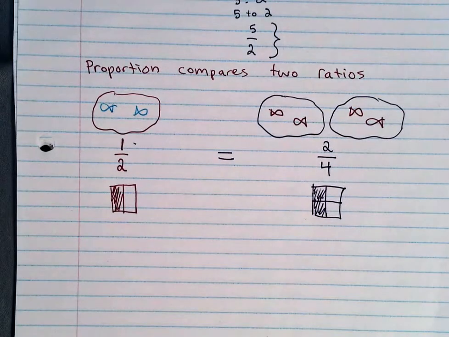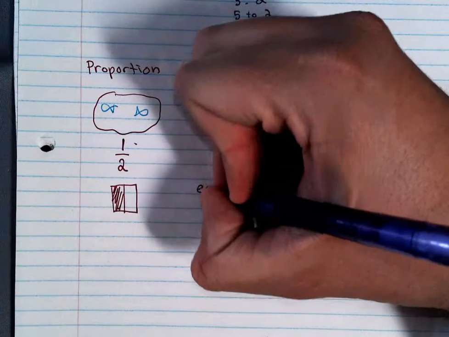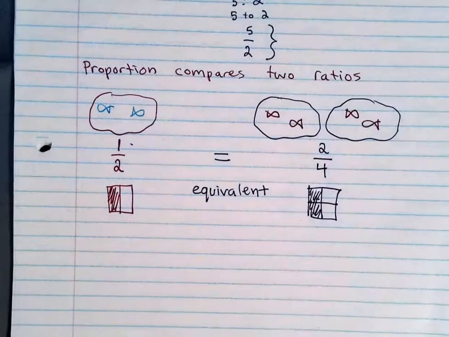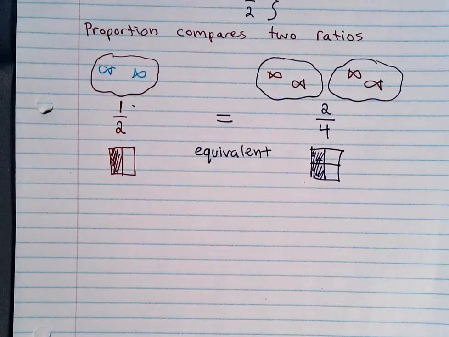So you can see that with some reduction they are equal, and the word we're using now is equivalent. These are equivalent fractions or equivalent ratios. It is an equivalent proportion. For today, we're going to be checking if a bunch of different proportions are in fact equivalent.